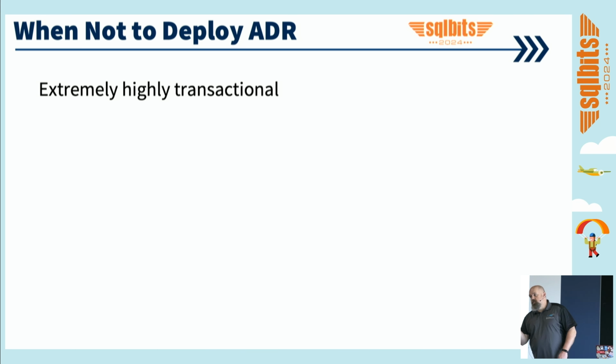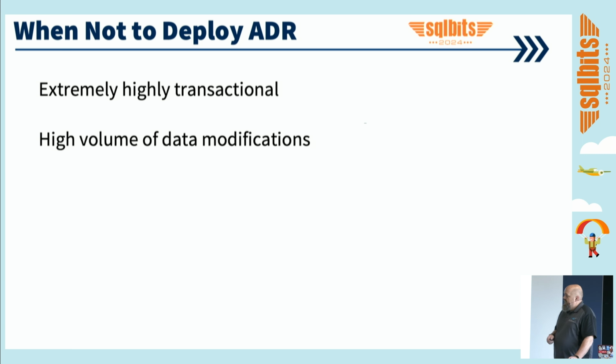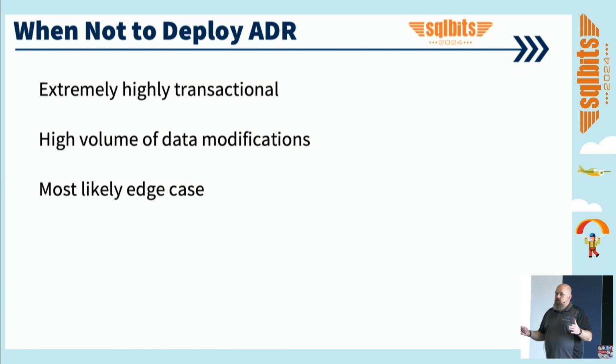If you are super busy and you are churning data like crazy, ADR might not keep up, especially in 2019 with that single-threaded cleaner. If you're in 2022 and you can have that multi-threaded cleaner, you could probably do better. High volume of data modifications is important because if you have to keep track of all those versions, it might not work well. In our experience, most likely it's an edge case.